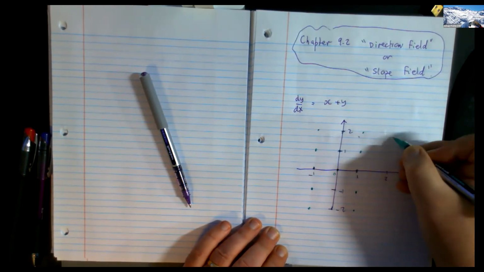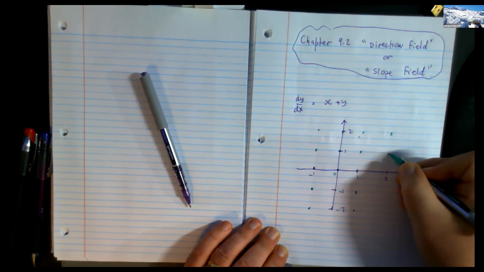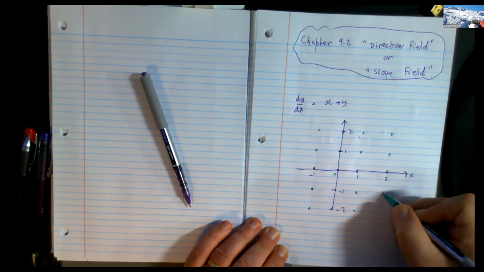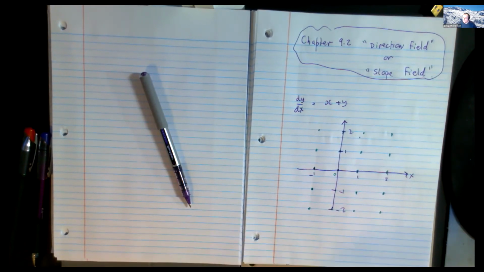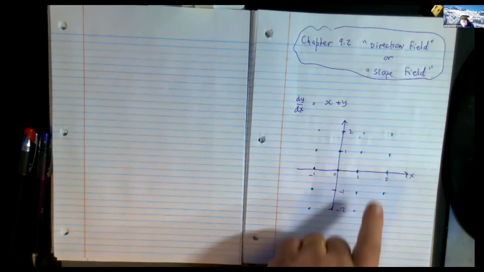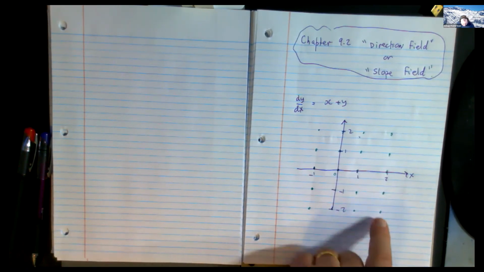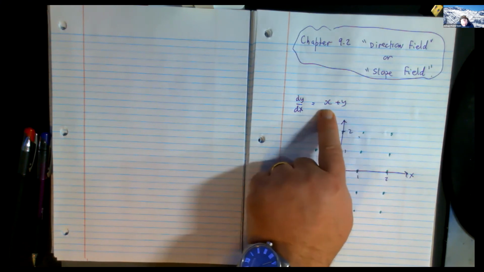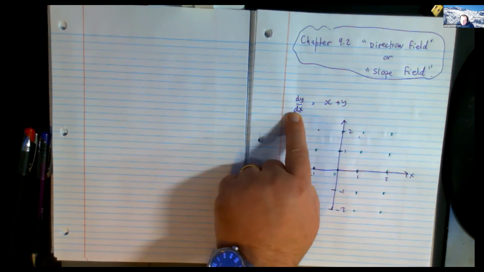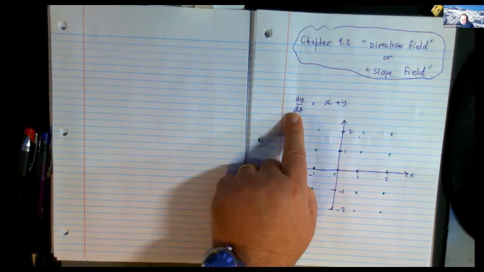The good news is you are not going to do what I'm doing. I'm showing it by hand, and then I'm going to show that cool piece of software and how it does it for us. For every single one of these coordinate points, we plug its x and y coordinate in, and we will get what the slope would look like at that point.